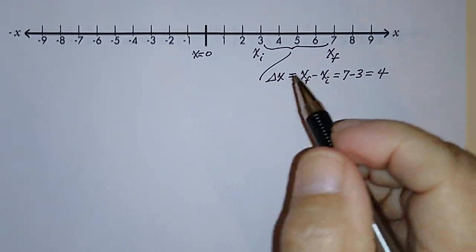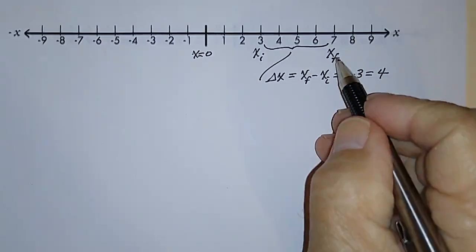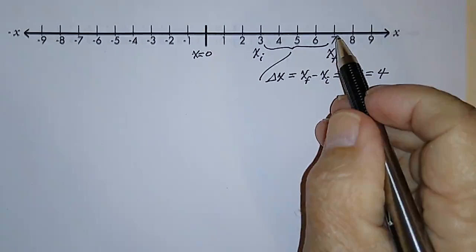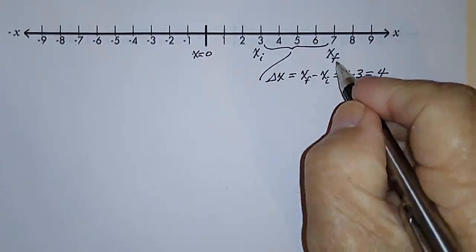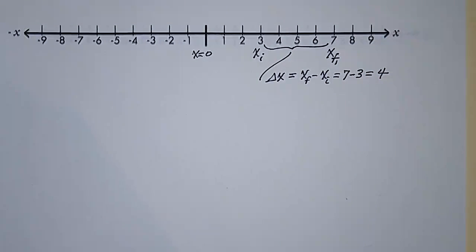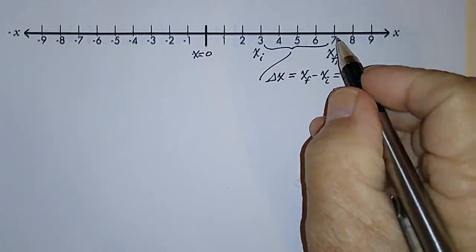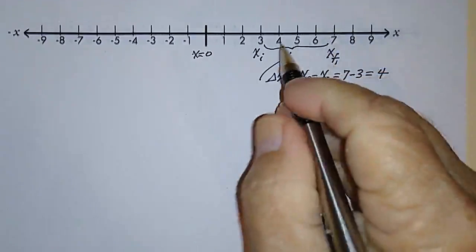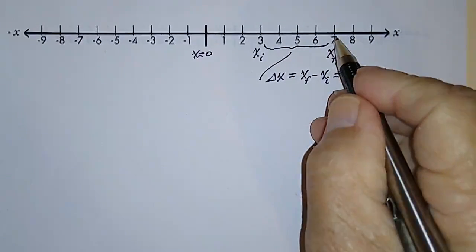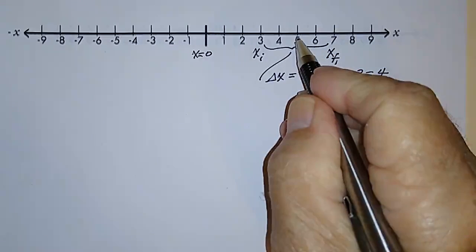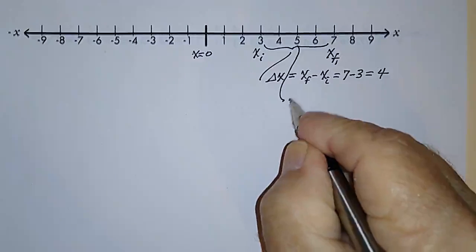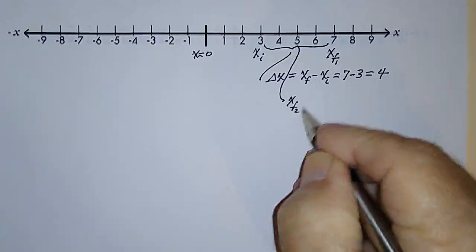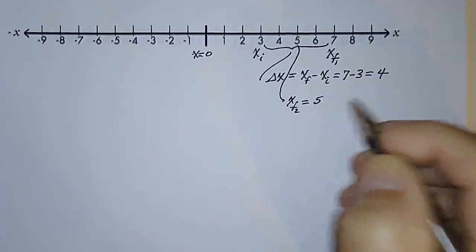But let's say that instead of x final being 7, it's something else. So I'm going to call this one x final 1. But let's say instead of stopping here at 7, I moved out to 7, but then I came back to 5. So let's say this one right here, x final 2, is equal to 5.